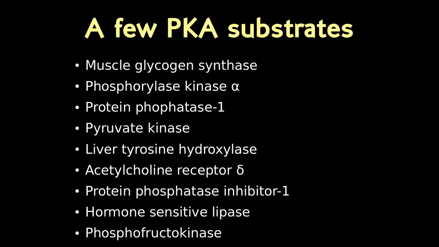This has a lot of effects, and which ones it is working on depends on which ones are already present in cells, ready to be phosphorylated. If some of these are missing, they don't get turned on because they're not there in the first place. Because of this variety of things that can get phosphorylated and turned on and off, you can get very different responses depending on which cells. And this is just a few. This is not even close to the complete list of PKA substrates.